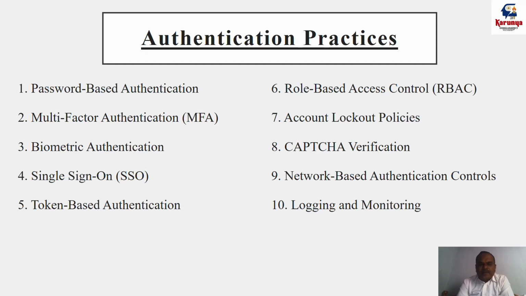Then token based authentication. Then the sixth one, RBAC, role based access control. Then the seventh one, account lockout policies. Then captcha verification. Then network based authentication controls. And the last one, which is called login and monitor. These are all the authentication practices we use in network anomaly detection.